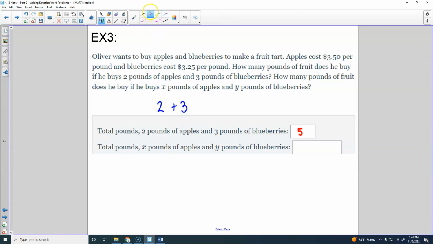So notice right here that 2 has changed to an X, right? So instead of 2, we've got an X right there. Our 3 has changed to a Y. So we'll have X plus Y is all that it is for this. So X plus Y would be your expression that you would use there.